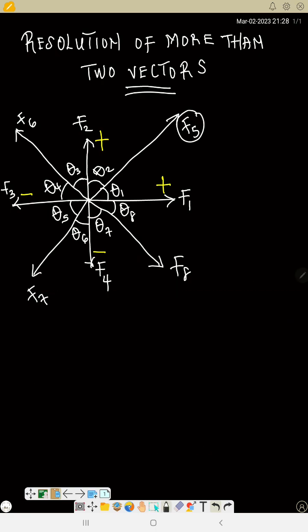Now if I ask you in this diagram, how many angles do you have here? You have 8 angles: theta 1, theta 2, theta 3, theta 4, up to theta 8. Now out of these angles, which ones are to the horizontal? If I have a line here, any angle I have here is to the horizontal.